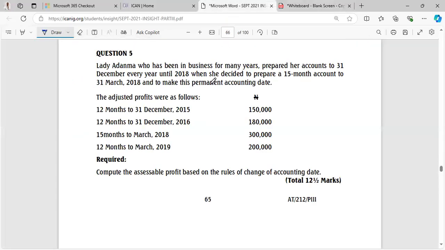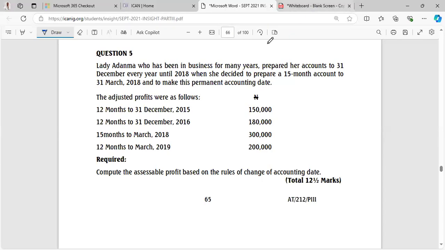Question number 5. Lady Adama has been in business for many years, prepared her accounts to 31st December every year, and then decided to prepare a 15 months account to 31st March 2018 to make a permanent change.